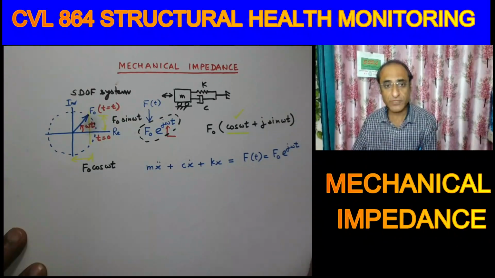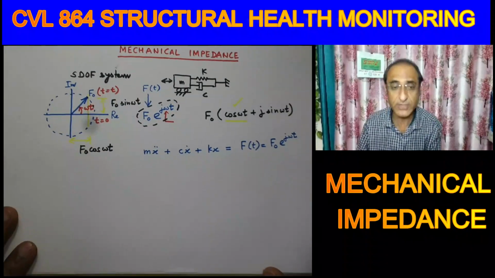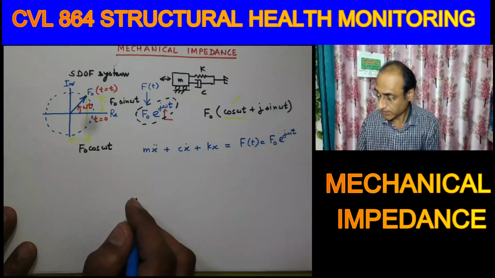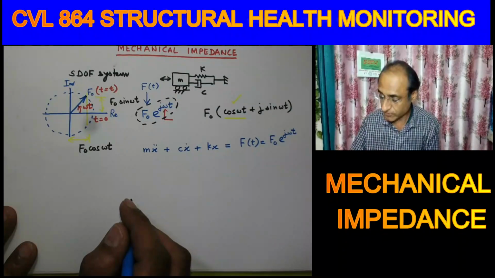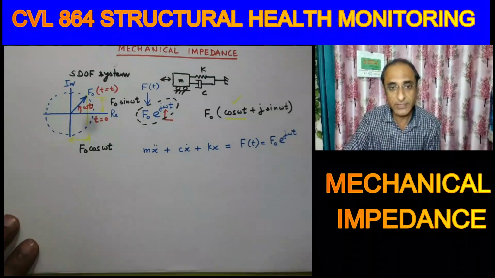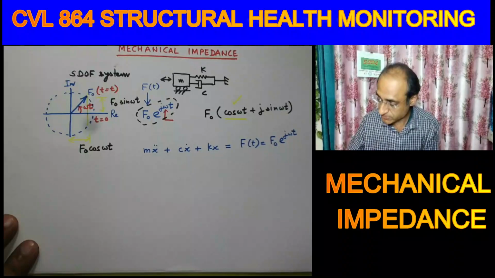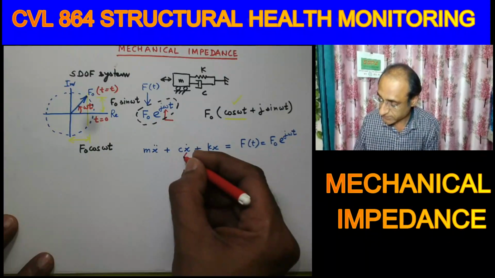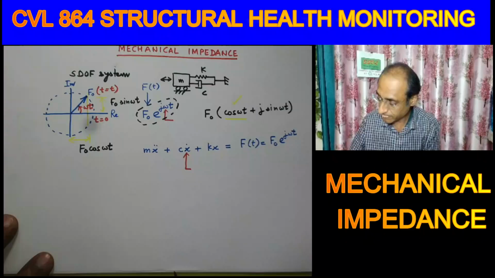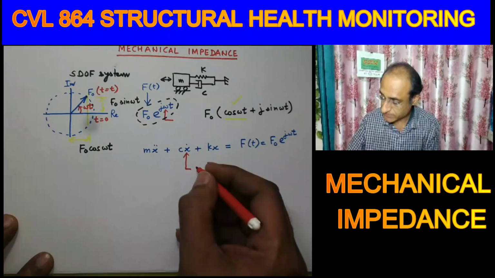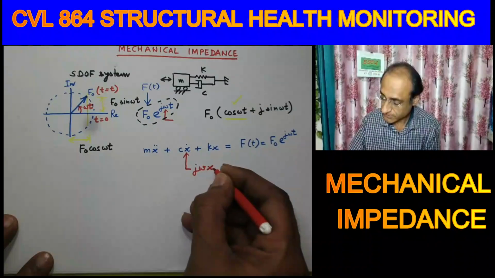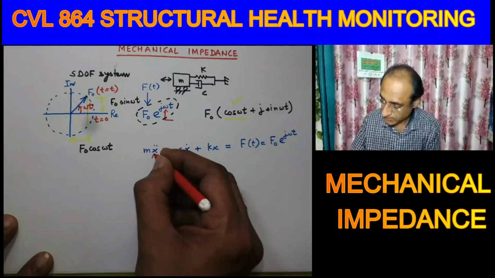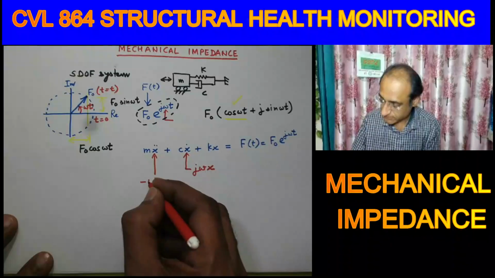Because the force is harmonic, the response will also be harmonic, and when the response is harmonic, we can express the velocity and the acceleration in terms of displacement. The velocity is j omega times x, and the acceleration is minus omega square x.